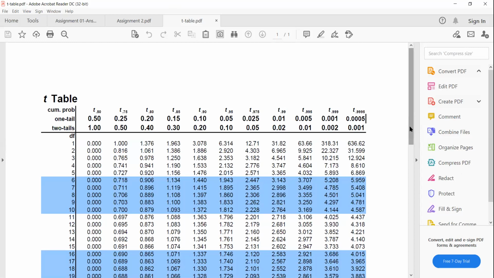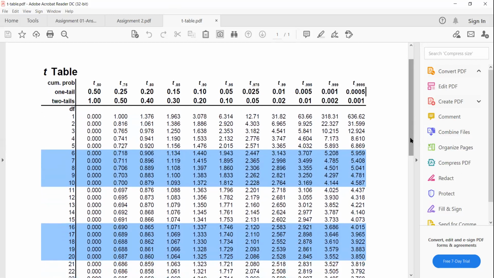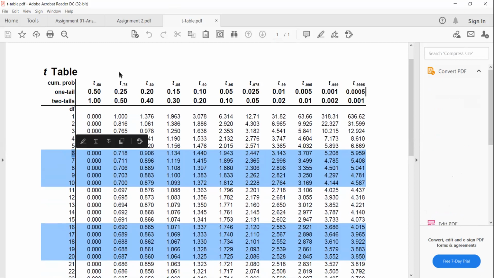So the degrees of freedom that we are interested in is 6. So from the first column, we have to read 6. And since we are interested in the 95% confidence interval, our alpha value is 0.05. And since we are interested in two values from either side of the distribution, we have to divide alpha by 2, that is 0.025, right?